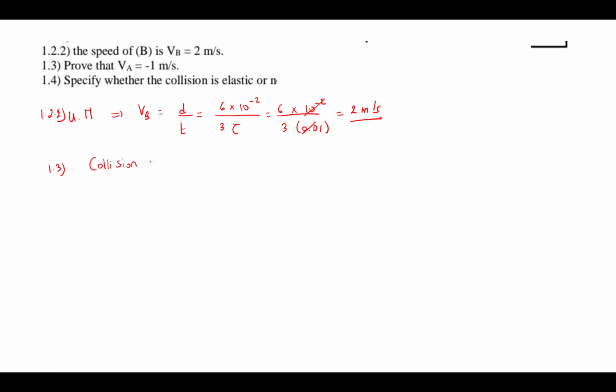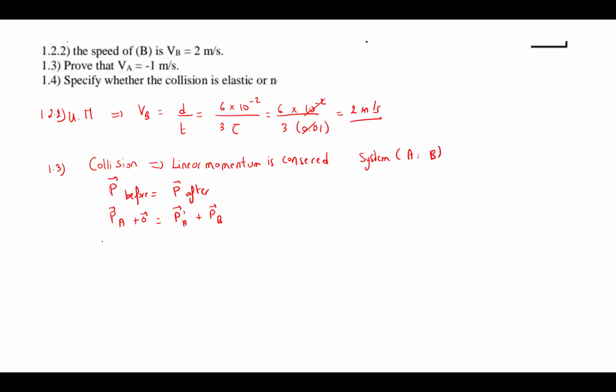So what do we have before? For the before, I put PA for A, but for B it's 0, it was at rest. For the after, I will name it, for example, P prime A, and here P prime B. Okay, so before what do I have? I have MA V0.